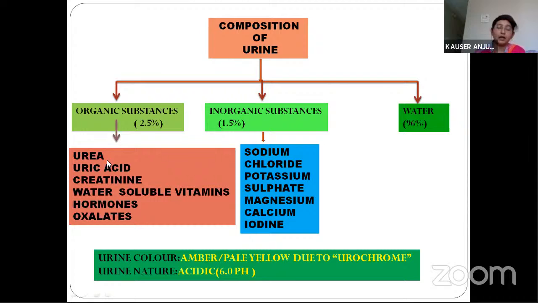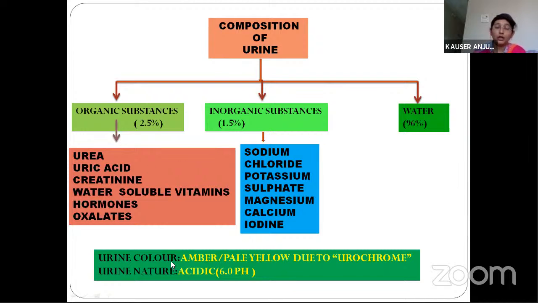Organic substances are urea, uric acid, creatinine, water-soluble vitamins, hormones, and oxalates. Inorganic substances are sodium, chloride, potassium, sulfate, magnesium, calcium, and iodine.